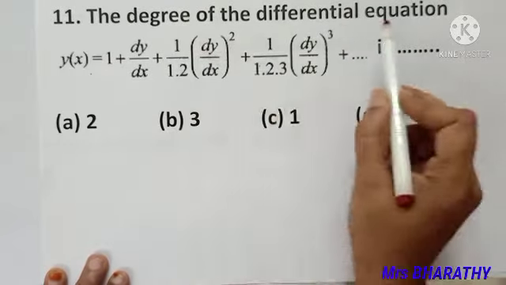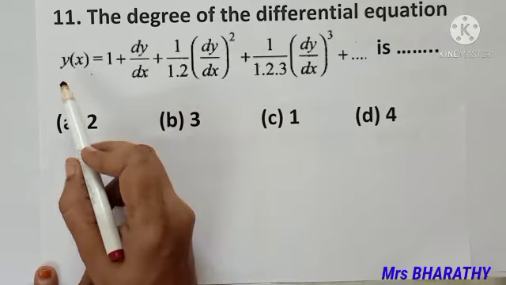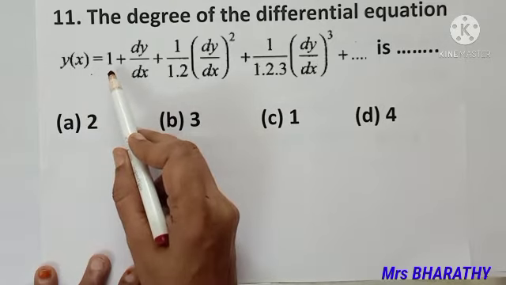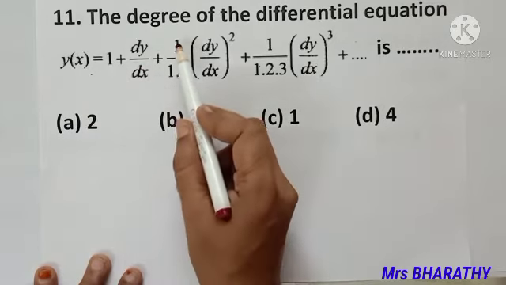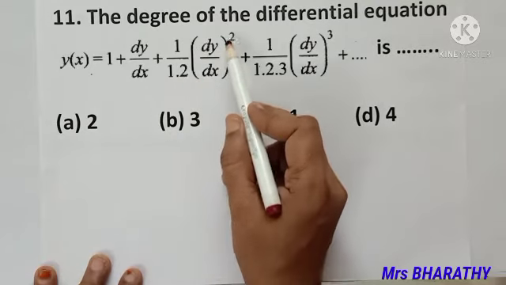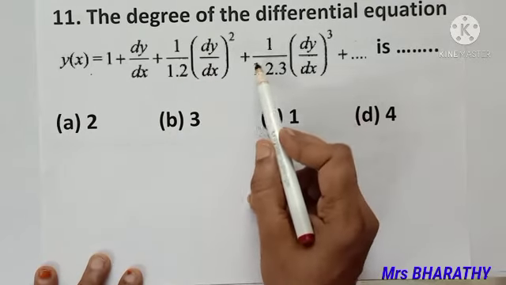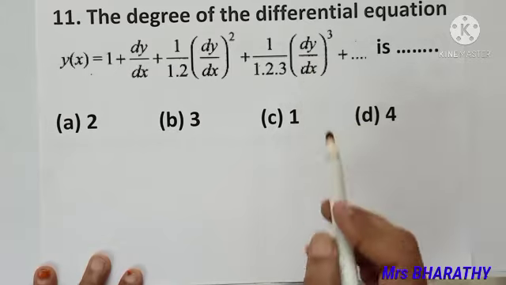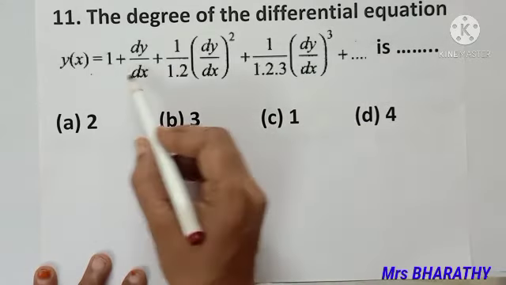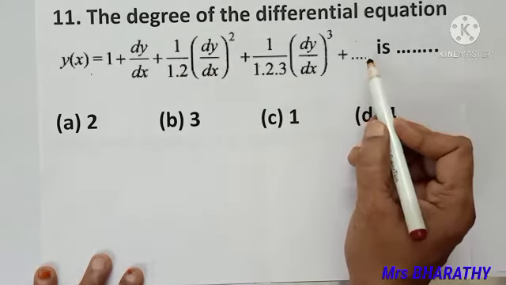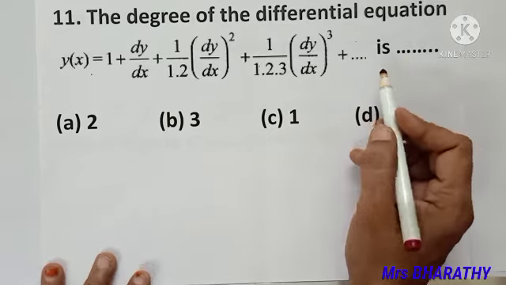Question number 11. The degree of the differential equation y of x is 1 plus dy by dx plus 1 by (1 into 2) into (dy by dx) the whole square plus 1 by (1 into 2 into 3) into (dy by dx) the whole cube. It looks like a very difficult problem, but it is not so.